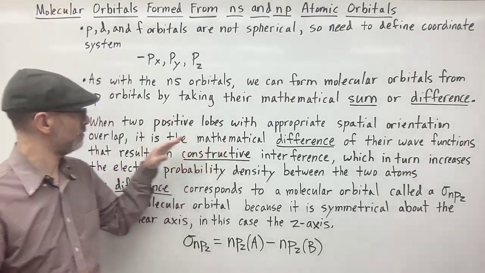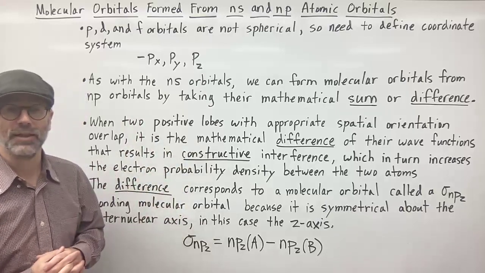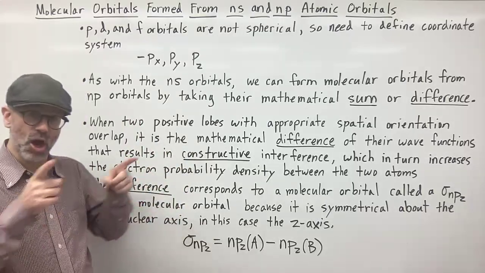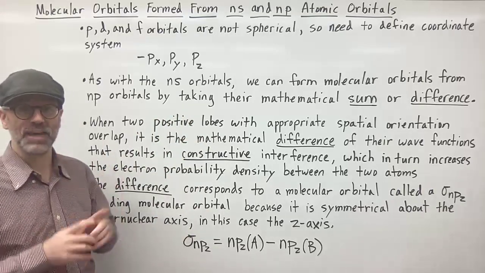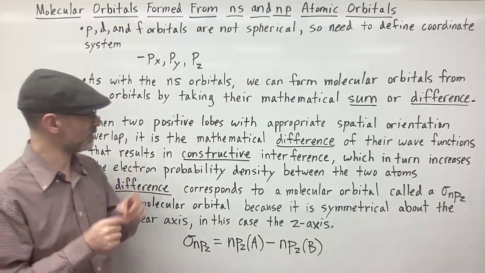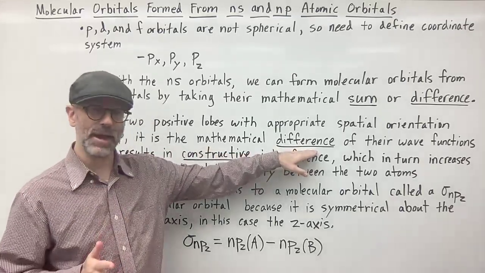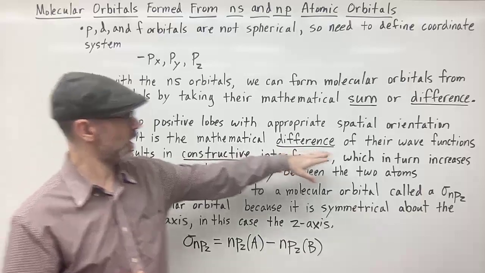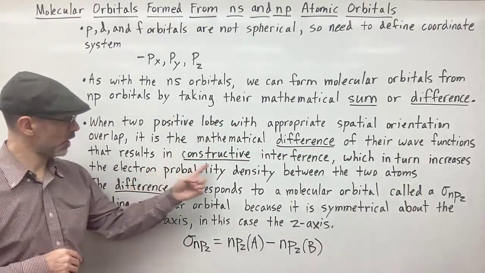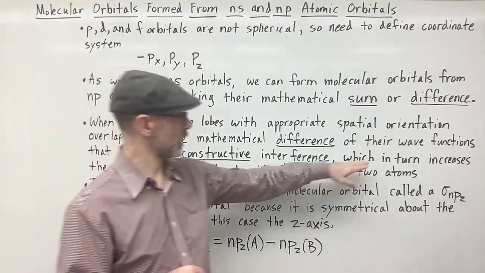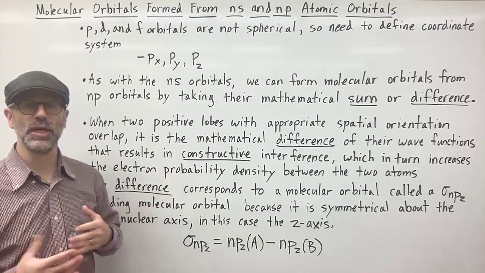If they are both positive lobes and they're in the same orientation along the z, for example, we'll talk about z here, if they're along the same z axis, it is the mathematical difference, not the mathematical sum, of their wave functions that results in constructive interference, which in turn increases the electron probability density between the two atoms.